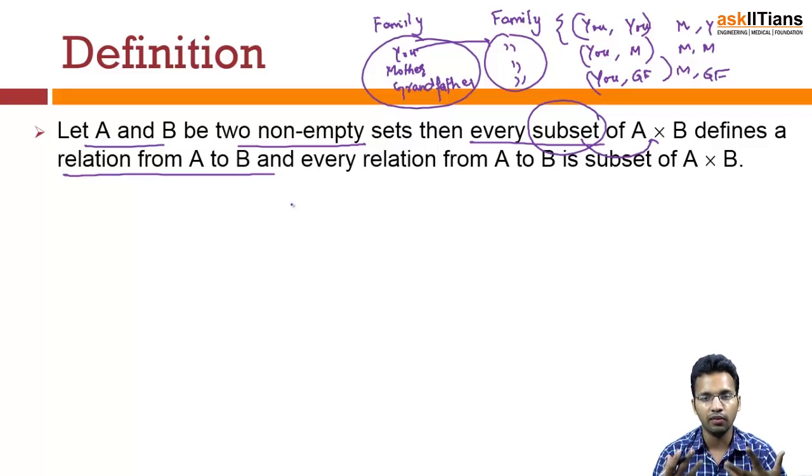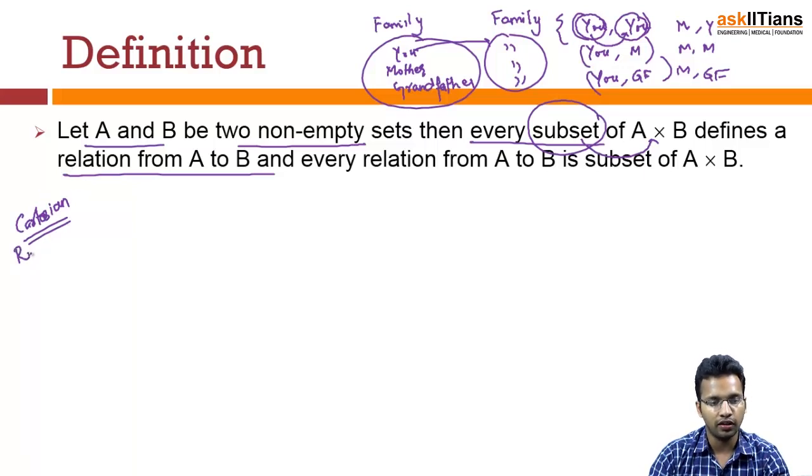What do I mean by relation? When you are relating one object to the other object using a rule. If we don't say a rule, then it's a Cartesian product. But if I define a rule, then it becomes a relation.